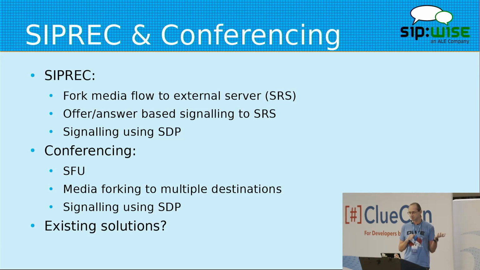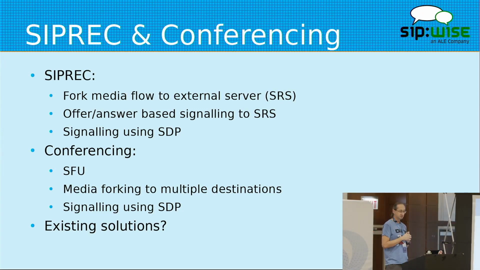As for existing solutions, for SIPREC, there isn't really a choice because it's RTPengine handling the media, so it needs to be RTPengine doing the media forking. For conferencing, there's a number of SFU solutions out there. Janus, for example, that's one of the many things that it does. We actually used to use it.